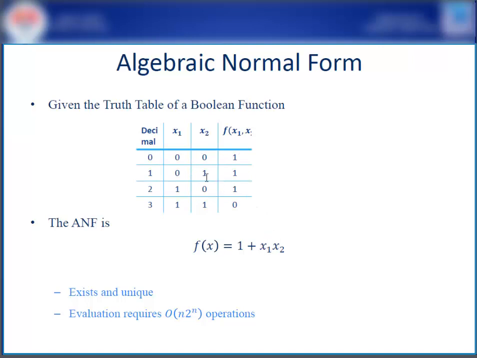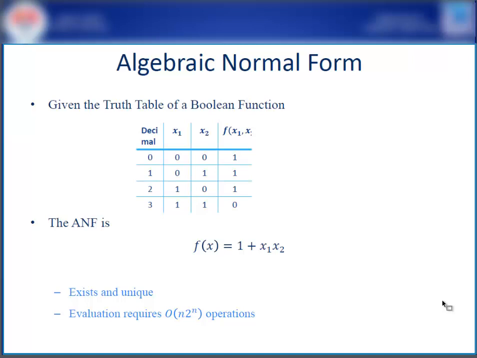It's easy to see that if x2 is equal to 1, then x2 multiplied by x1, that is 1 multiplied by 0, will give us 0, plus 1 will result in 1, and so on. So we can say that 1 plus x1 multiplied by x2 and the truth table 1, 1, 1, 0 represent the same Boolean function.